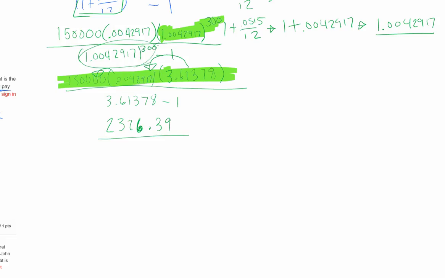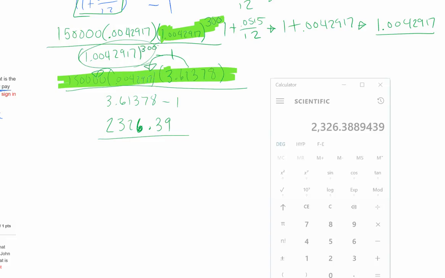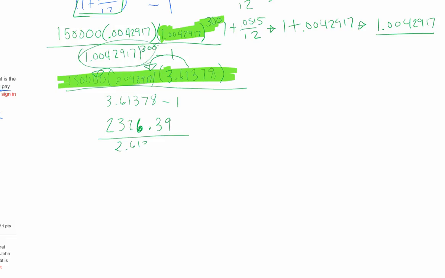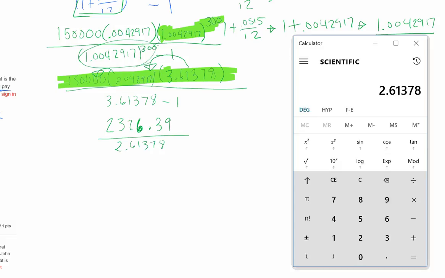Okay, all over 3.61378 minus 1, which is 2.61378. So we're going to take that 2326.39 divided by 2.61378, and we get $890.048.